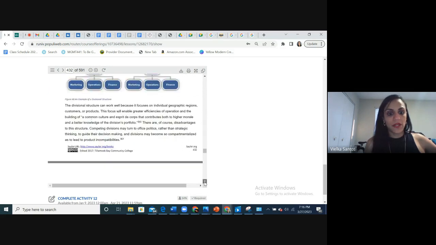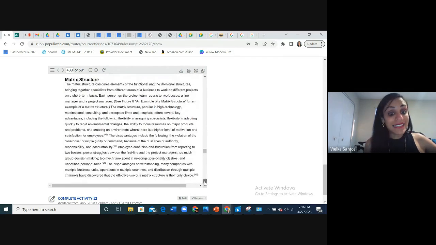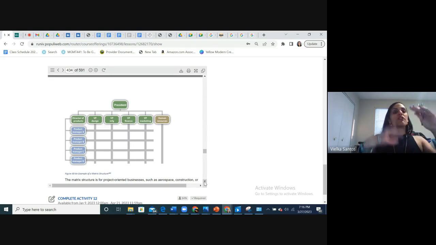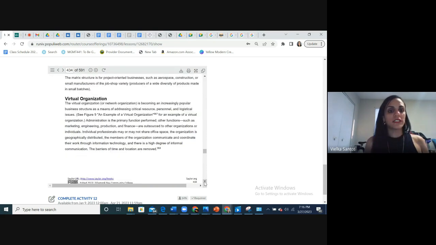In matrix, what happens with matrix is a whole mix. It's a whole mix because depending on the project, it's for projects usually. Okay, so you can have, for example, one different department help you with one project. It's mixed, okay, depending on the project. In virtual, like we are now, we are an online organization, we can say virtual organization.